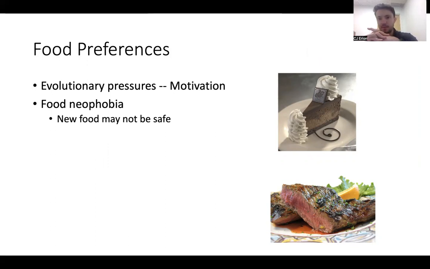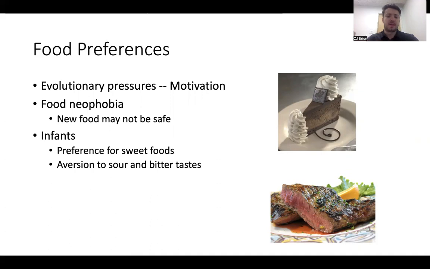Even starting at a pretty young age, we prefer the old foods that we've been having as opposed to new foods, because, based on this theory, we have already eaten these old foods before, and therefore we know that they're safe. We know that they're not going to be poisonous, not going to hurt us, versus new foods, we can't be so sure about that.